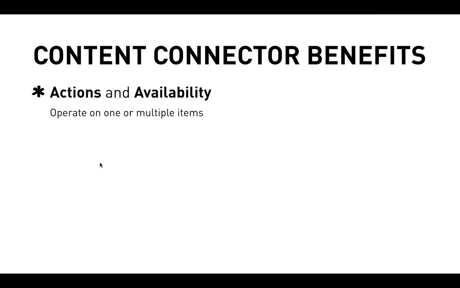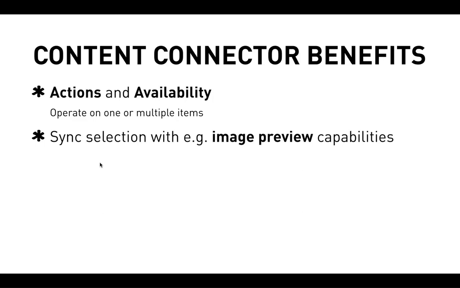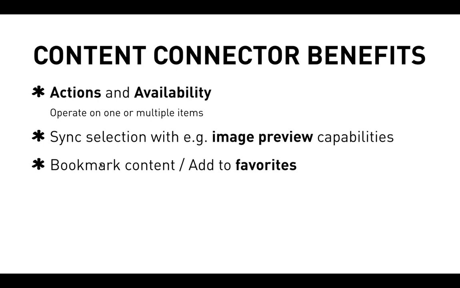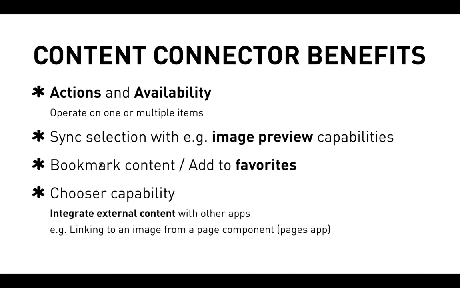The benefit you get from implementing a content connector is that you can use actions and action availability to operate on one or multiple items. The selection gets synchronized, and the image provider, for example, can be plugged to this. You can bookmark such a selection, add favorites to go directly to your content, whether it's in a browser sub-app or detailed sub-app.